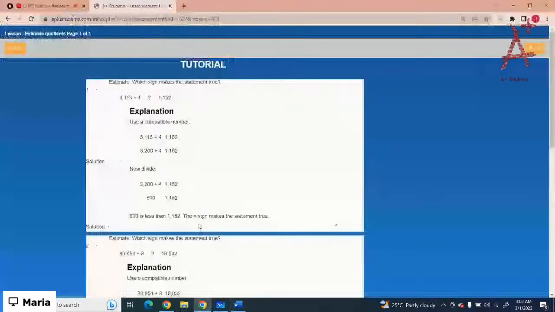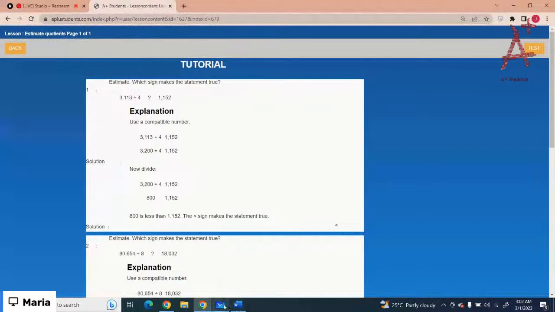Estimate which sign makes the statement true. So 3113 divided by 4, and you need to put a sign, either less or greater, and that equals 1152. Got it? So we have to estimate the numbers first.